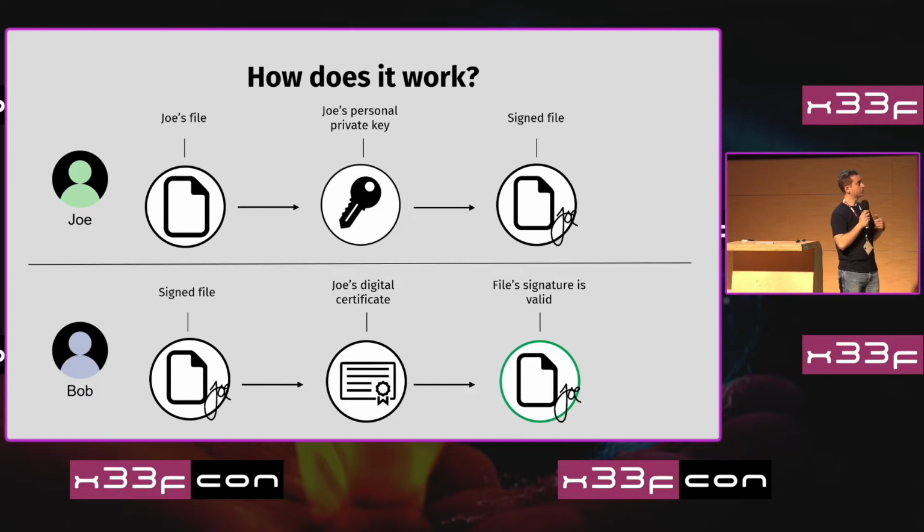So he will take Joe's digital certificate that was given to him by the CA. On this digital certificate, it holds Joe's public key. And using that public key, he can decrypt the digital signature and make sure that the file is legitimate.